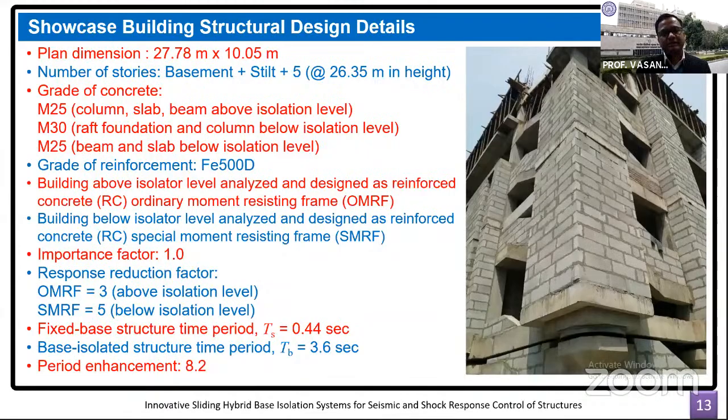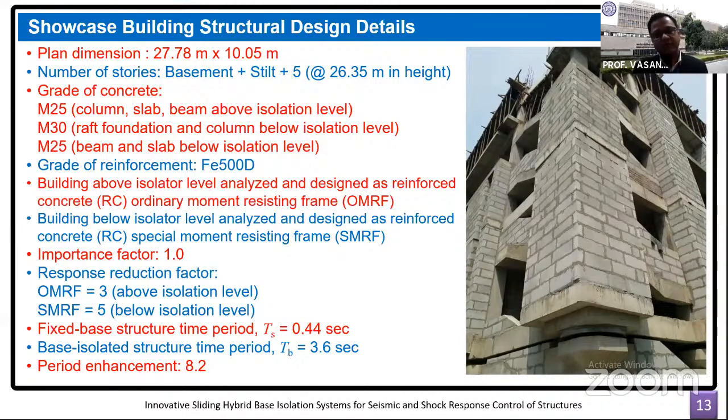However, when we say immediate occupancy and continuous functionality, in my opinion, the response reduction factor should not be applied, because whenever we say response reduction factor, it simply amounts to some damage, because we do allow cracking, and when we allow cracking, it is obviously damage, and that is something we may not welcome, particularly in the hospital buildings.